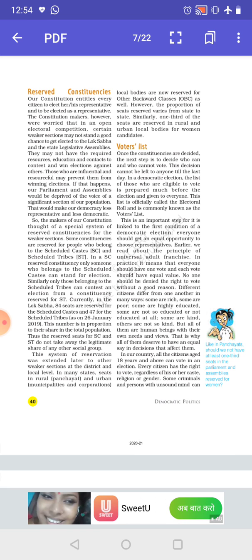They may not have the required resources, education, contacts and other resources needed to win the election against others.